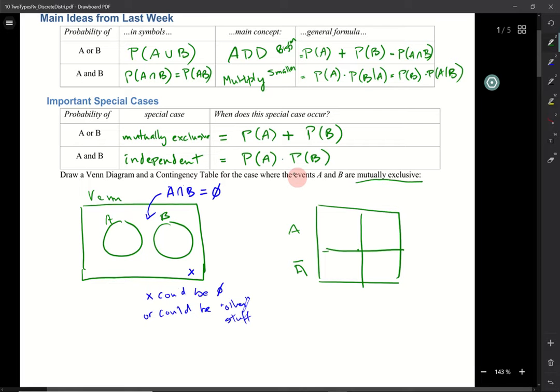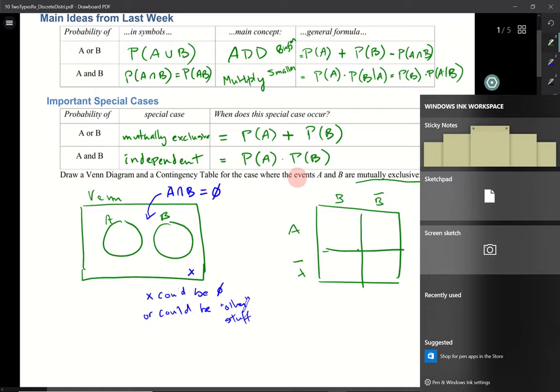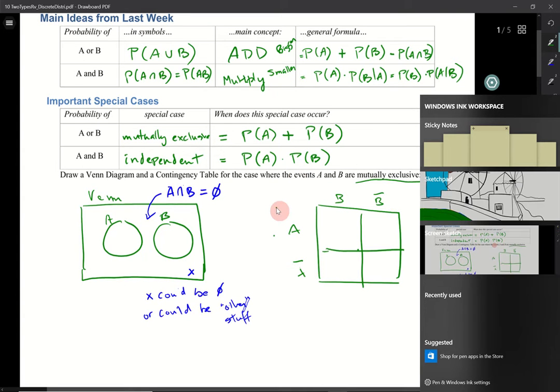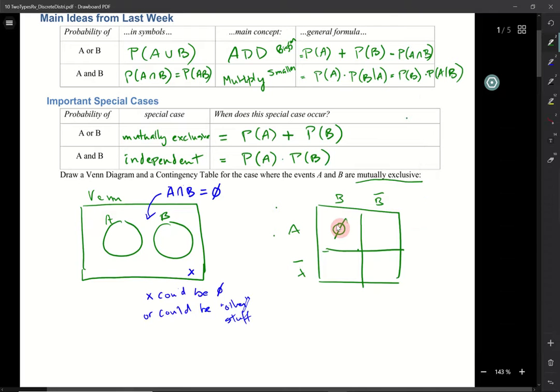You just do B and B complement, or not B, on the other side. And clearly, since A and B have no intersection, they're empty.